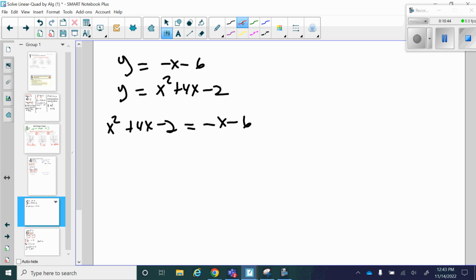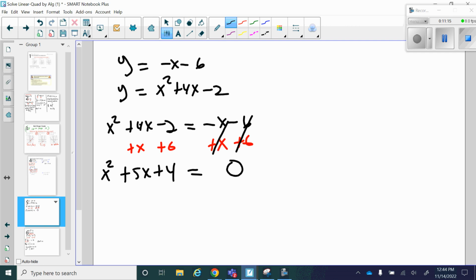So therefore, I'm going to add a plus x and a plus 6 to cancel the right side, but also add a plus x and a plus 6 on the left side. This gives me 0 on the right side. On the left side now, let's combine like terms. I have 1x squared. I have a 4x and x, that's just 5x. And then minus 2 plus 6 is a plus 4.